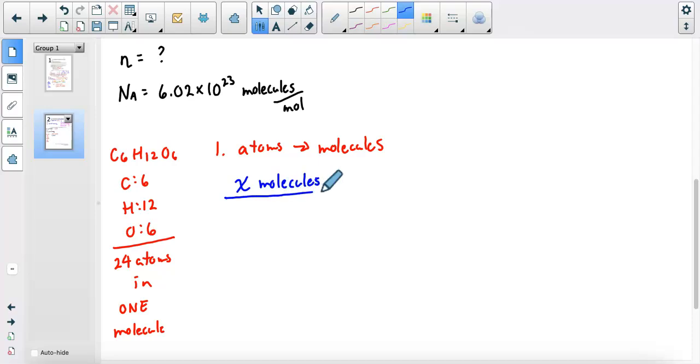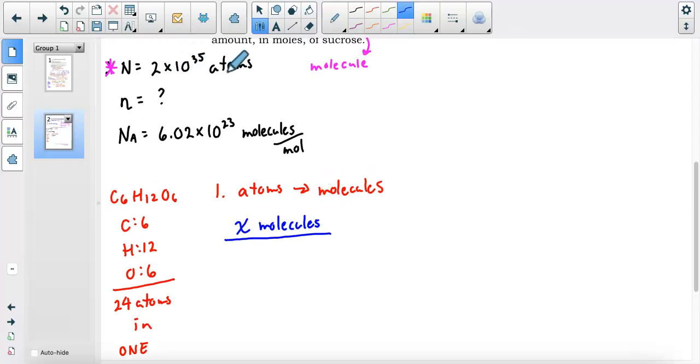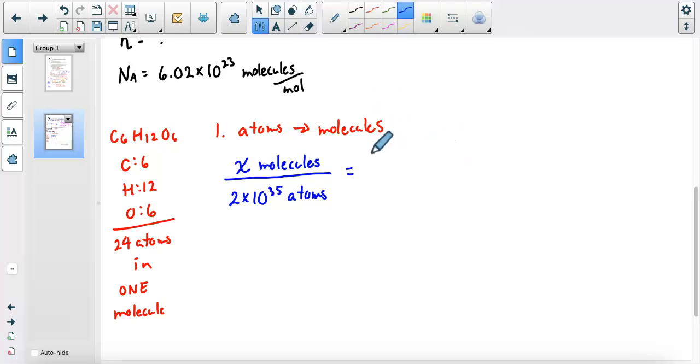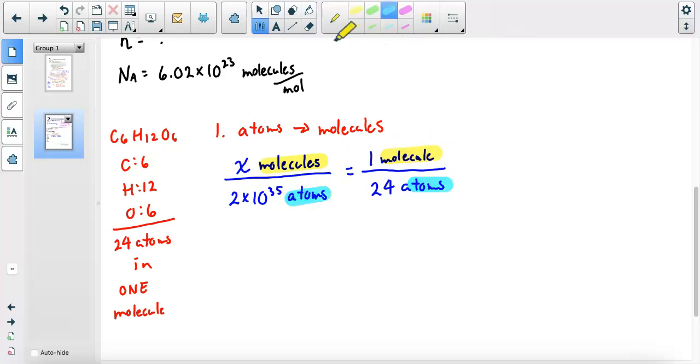And the question we were given is we have 2 times 10 to the 35 atoms. This is equal to, well, in 1 molecule, make sure the units are consistent on the numerator and denominator, we have 24 atoms. Okay, so once again, you've got your molecule and molecule, atom and atom.